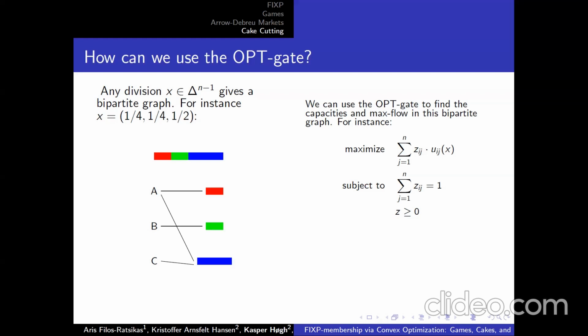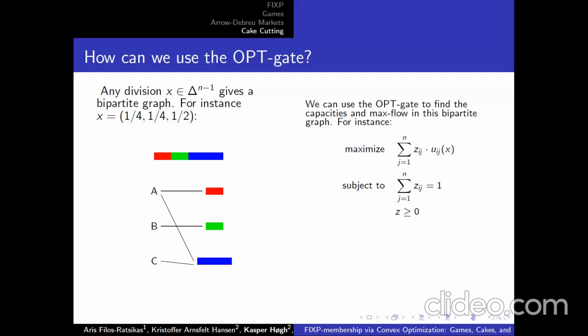And that is exactly what we want, because when we are in a fixed point, this says that z_ij is only positive if the utility is actually maximal for that agent. Okay, and so this is a way to find all the capacities in this graph, and in a similar way we can find a flow such that the flow is the max flow, just by maximizing the sum of all the flows out of the agents.